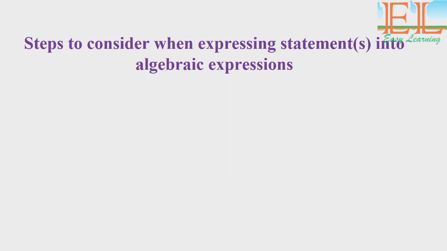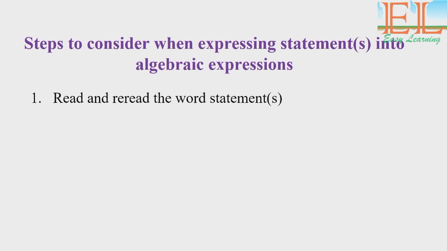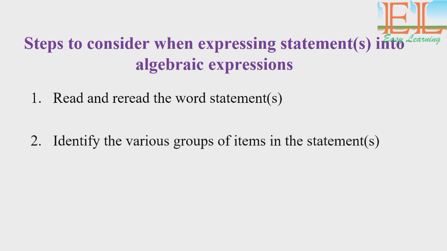When you want to express statements into algebraic form, there are some steps you have to follow. Let's look at them. The first step is that you have to learn to read and reread your statements very, very well. Then secondly, you have to identify all the various groups of items in the statements that you have read.